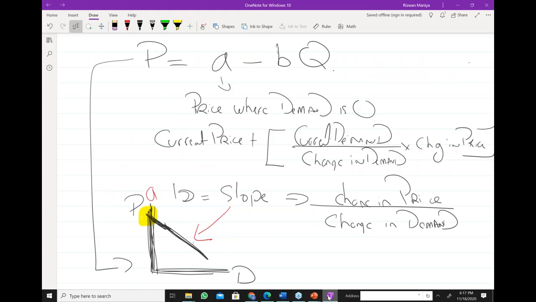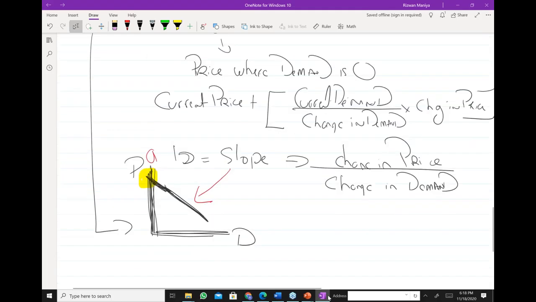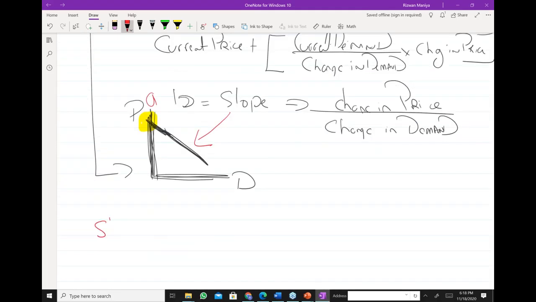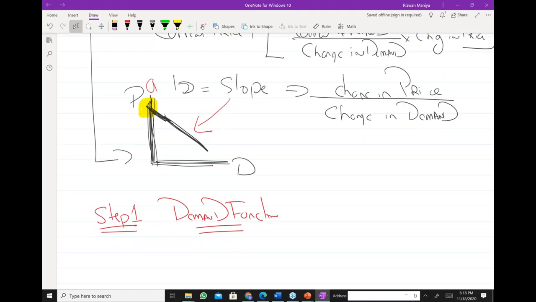So let's do it. Step 1, demand function. Are we supposed to use this formula? Yeah, P is equal to A minus BQ.